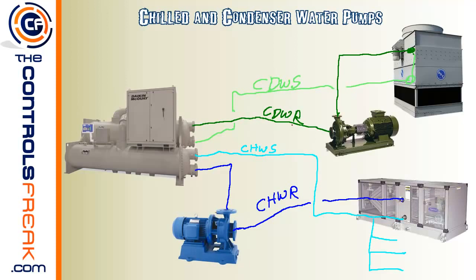Well, the reason why is because the cooling tower is what's actually affecting that condenser water, and it's the one supplying the nice cold condenser water. So that's why we call that the condenser water supply, because the cooling tower, which is the condenser side of the loop here, is supplying condenser water to the chiller so it can use that to transfer heat. And therefore the hot water coming out of the chiller would be the condenser water returning to the cooling tower for the cooling tower to cool it back down. Hopefully that makes a little bit of sense there.